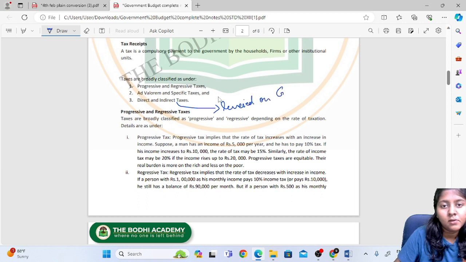Then direct taxes are wealth tax and income tax. This is your direct tax.